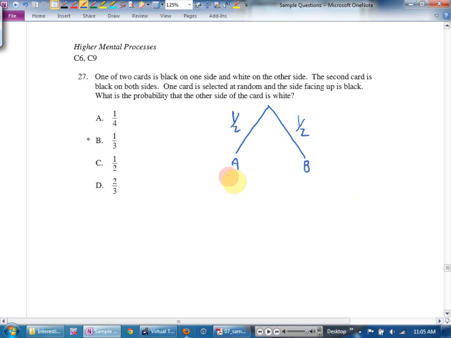So it's got a 50-50 chance of that. The other card is black on both sides. You get a 1 out of 1. So one card is selected at random, and the side facing up is black. What's the probability that the other side is white?